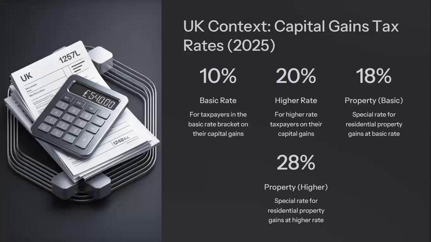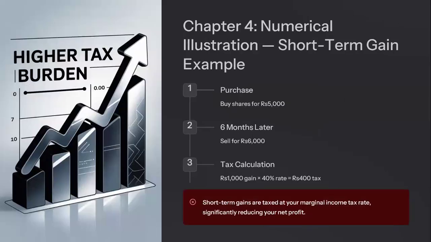Let's consider two, three examples. I purchase shares at 5,000 and sell them at 6,000. Now, for a share, more than 3 months is long term. But since it's within 1 year, it will not use indexed cost of valuation.